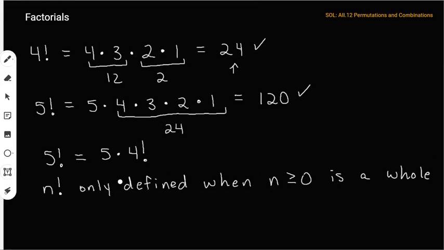So we say n has to be a whole number. And another way we can say whole number is integer. So if n can go all the way down to 0, then we have the question, what is 1 factorial? And what is 0 factorial?